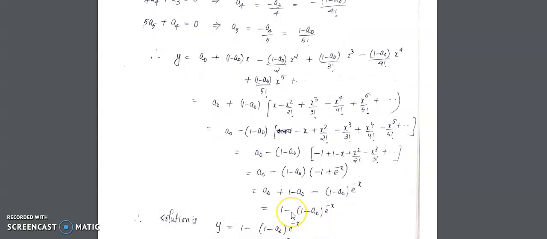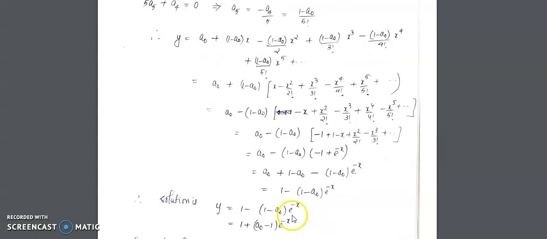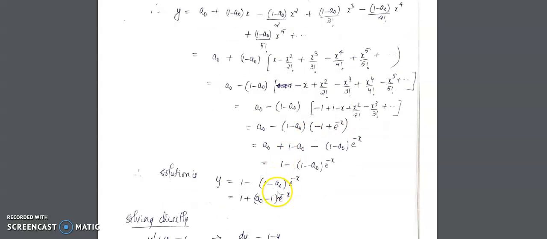So you will get 1 minus a naught e raised to minus x. So we can take minus inside. Therefore the required solution is y equal to 1 plus a naught minus 1 into e raised to minus x. So this is the power series solution, and this solution corresponds to this particular function.